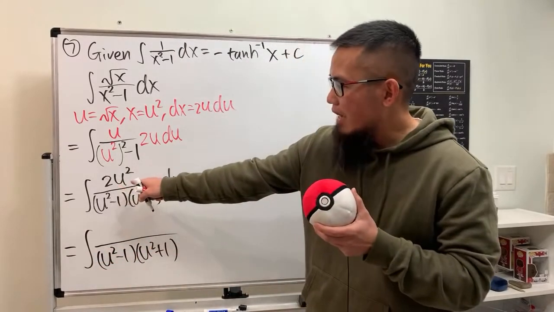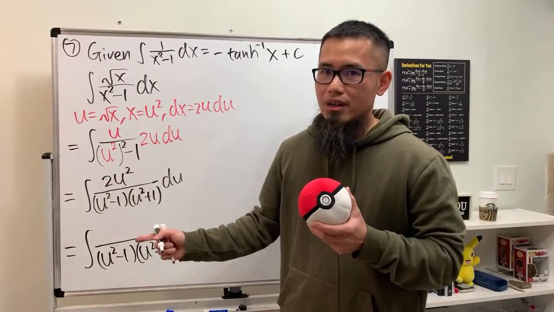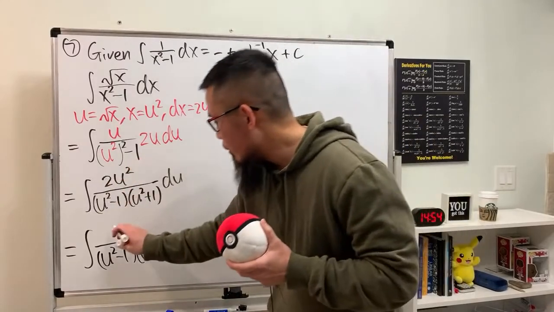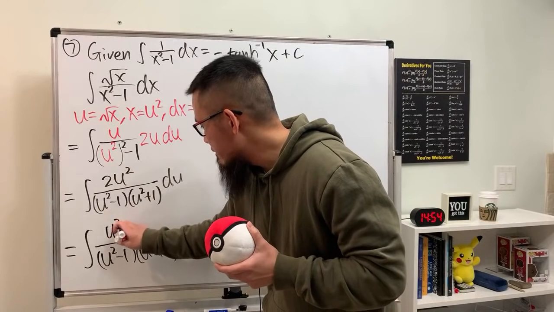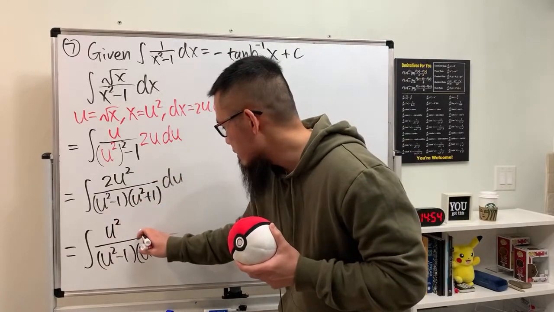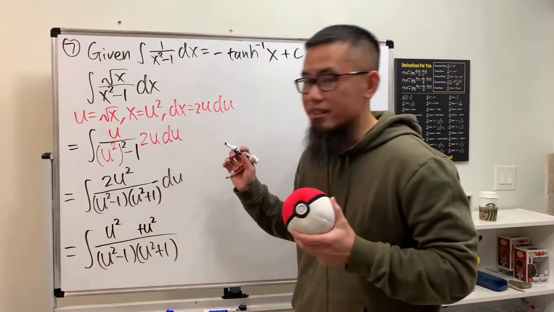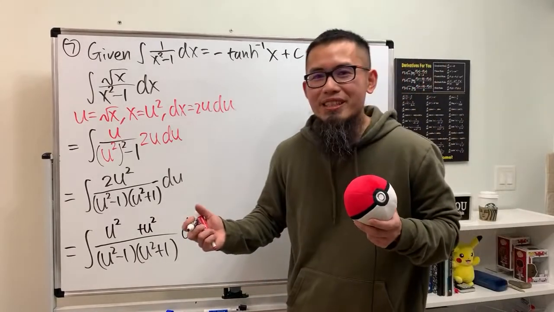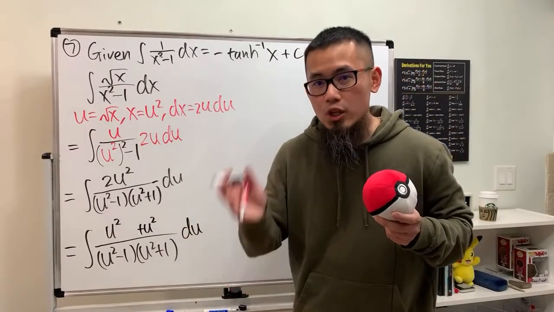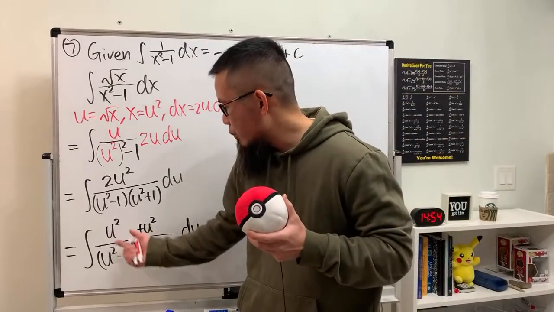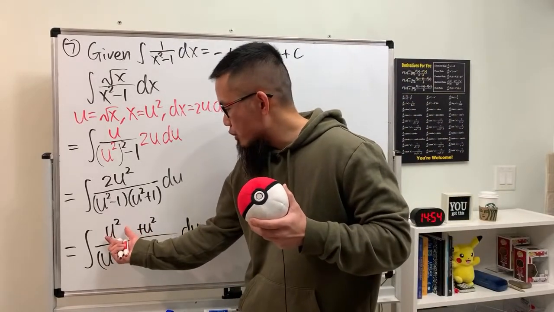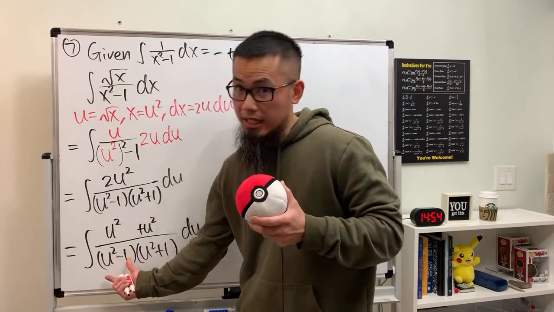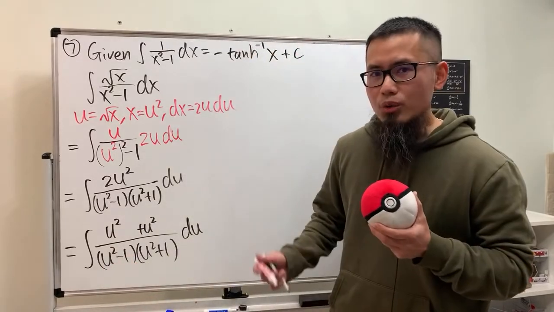Instead of having 2u squared, we're going to break it down because we know 2u squared is the same as u squared plus u squared, isn't it? Yes, it is. And now, this is the best thing that I like to say. Wouldn't it be nice if right here we have a minus 1? Because u squared minus 1, and that can cancel out. That's so nice, isn't it?